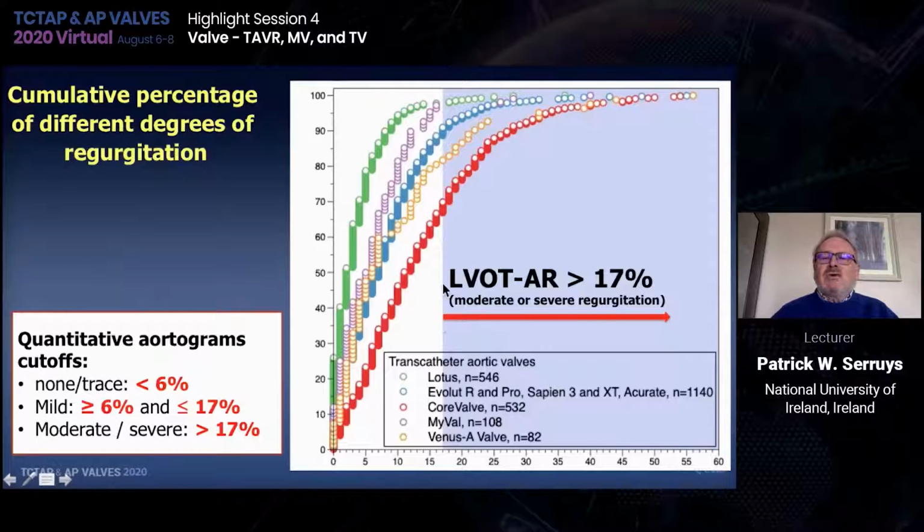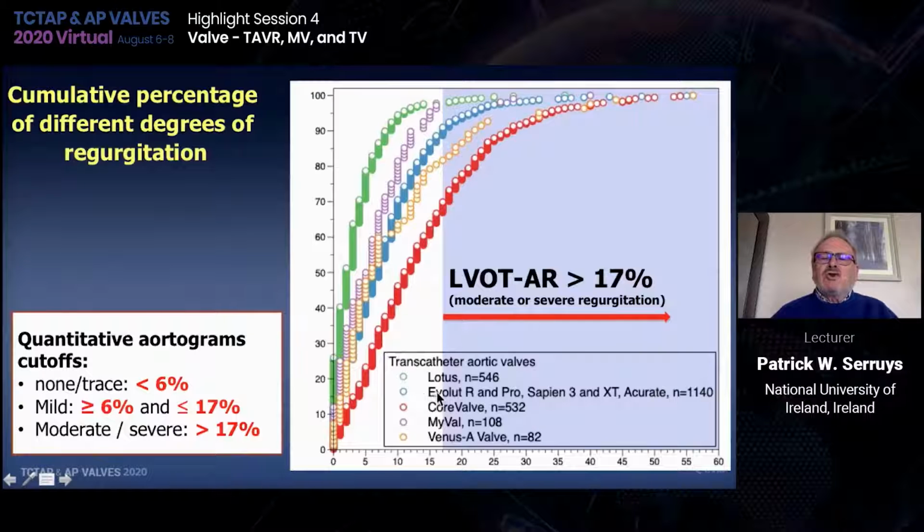This gray zone of this line is really for us the cutoff criteria between mild and moderate and severe regurgitation. It is 17%. As you could see with the Lotus, we have really only a few cases with more than 70%. The second one in purple here is the MyValve, 108 cases.